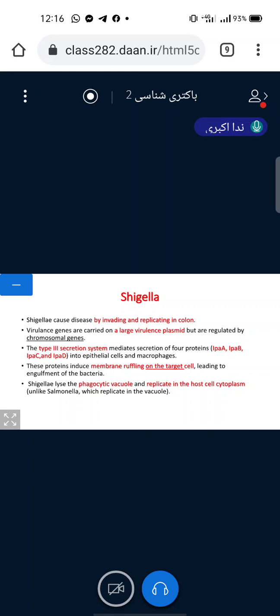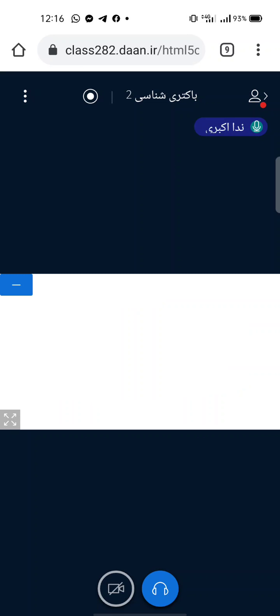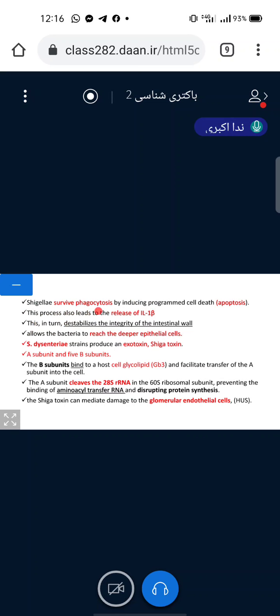You know, Shigella can migrate from one cell to another, between two neighbor cells, without exiting from the host cell and facing the immune cell. This is very good for it because they do not face the immune cell and protect themselves.